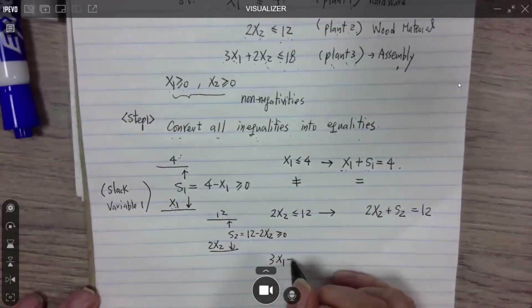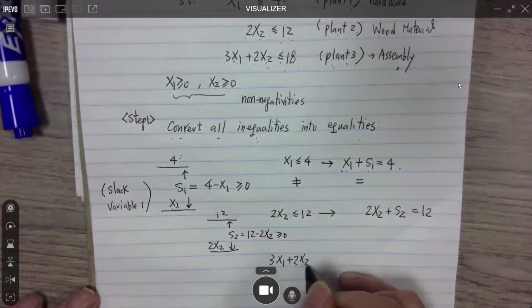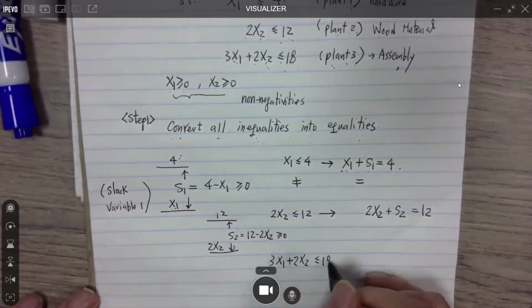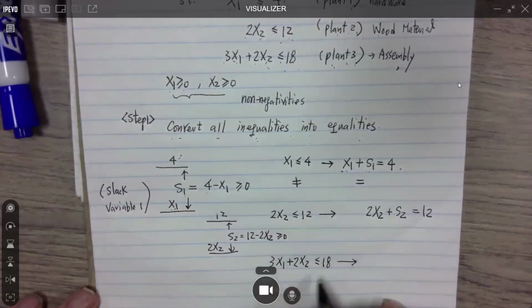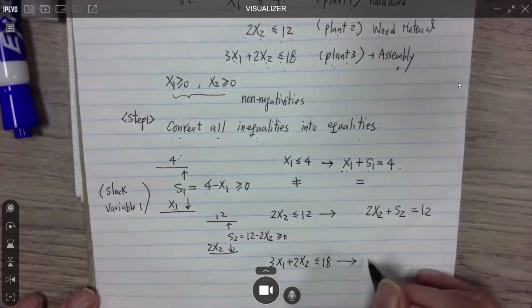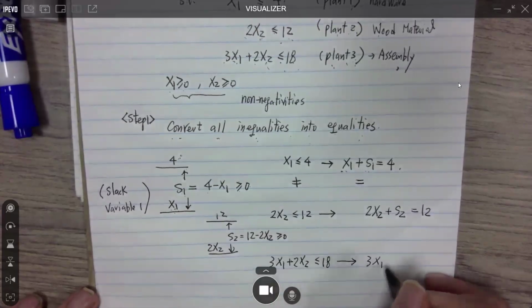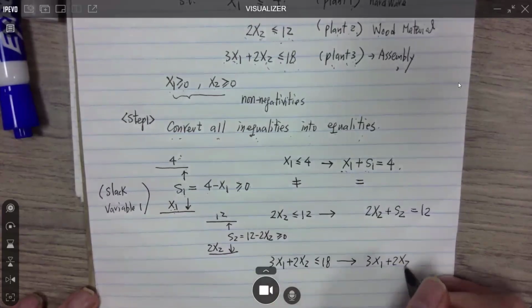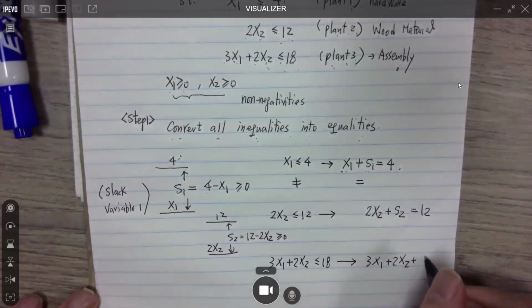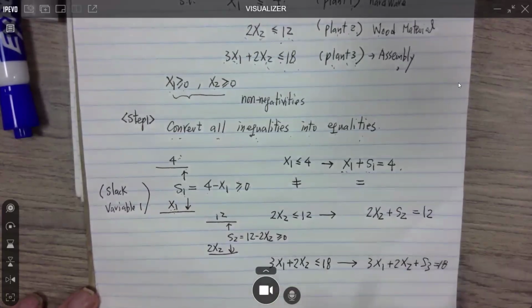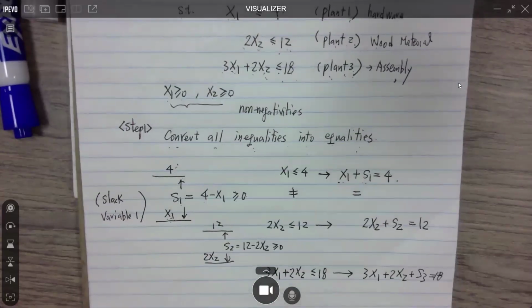3x1 plus 2x2 is less than or equal to 18. Similarly, by introducing slack variable S3, we have 3x1 plus 2x2 plus S3 equal to 18. Okay?